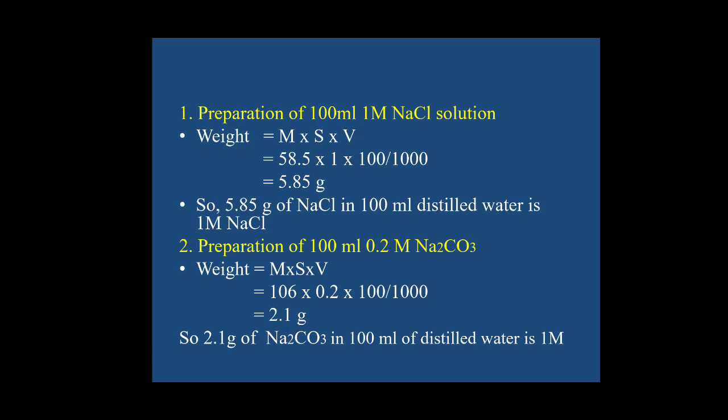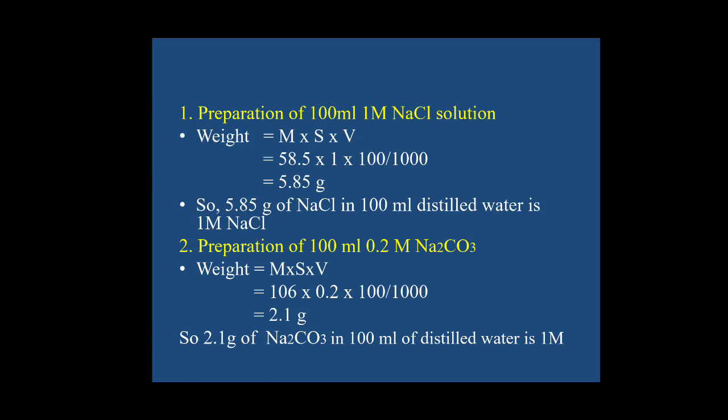How much molarity we want? It is 1 molar, so strength will be 1, into 100 ml we require, so that is 100 divided by 1000. So we have substituted in the formula now. After calculating, we are getting 5.85 gram. So to prepare 100 ml of 1 molar NaCl, we have to weigh 5.85 gram of NaCl in 100 ml of distilled water. That gives you 1 molar NaCl.